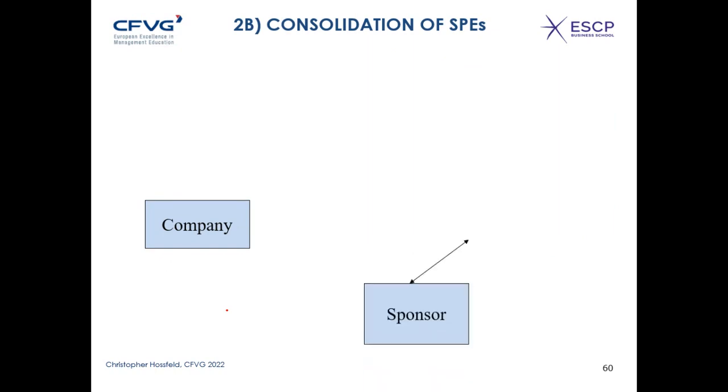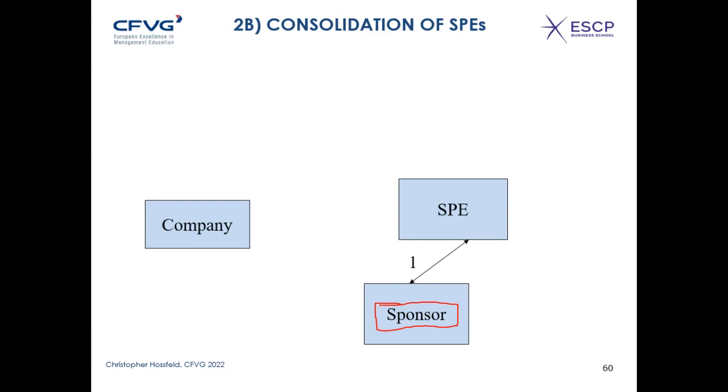I can do this by using a special purpose entity. The special purpose entity will be another, separate legal entity, and it will be created by a sponsor. So the sponsor is the founding shareholder of the SPE. But the sponsor will usually be a law firm, some lawyers, and they will only do the administration of the SPE.